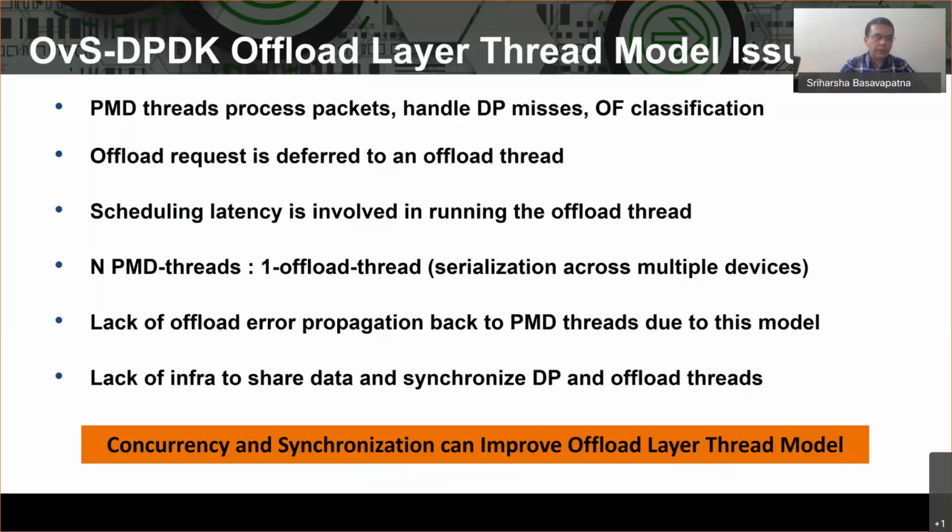This is another issue. And further, if you want to share some data between the offload thread and the poll mode driver threads, today there's no infrastructure to do that, and no synchronization or sharing of data between them. So these are some of the issues with the offload thread model. Concurrency and overall synchronization can improve this thread model.